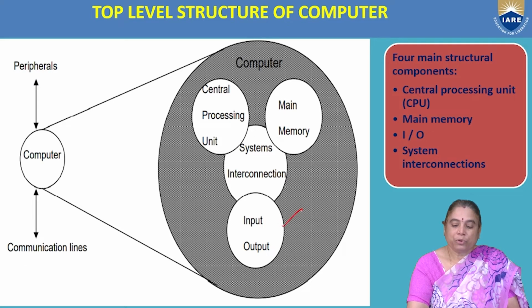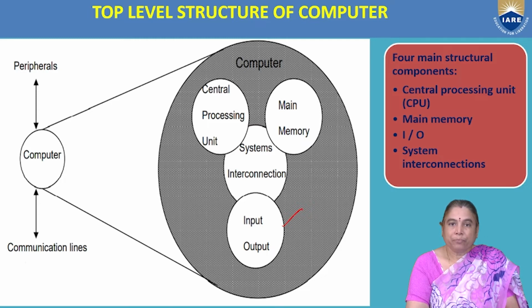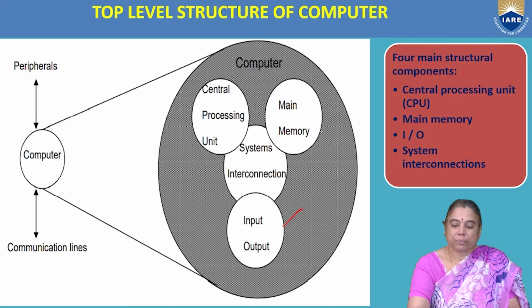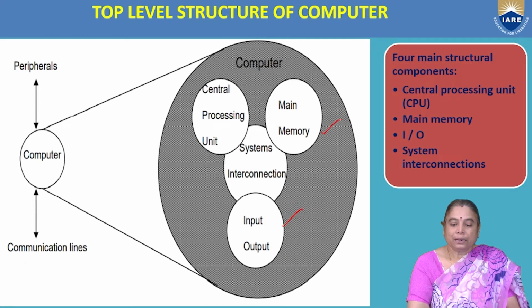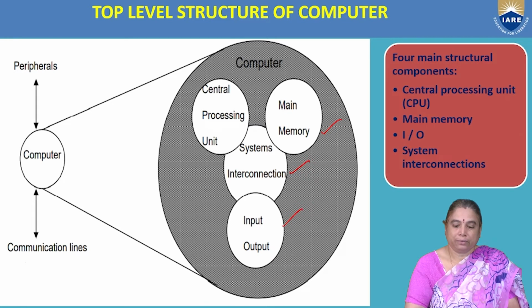So input-output devices have to interact with the central processing unit, and the data, values and intermediate results that are produced in the processing can be stored in the main memory. The interconnection of all these has to be done with a bus organization. So the top level structure of the CPU can be viewed like this.